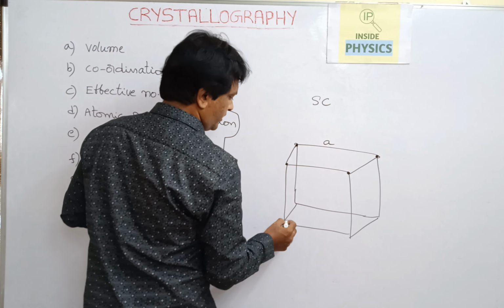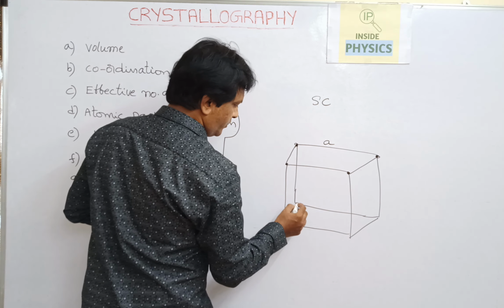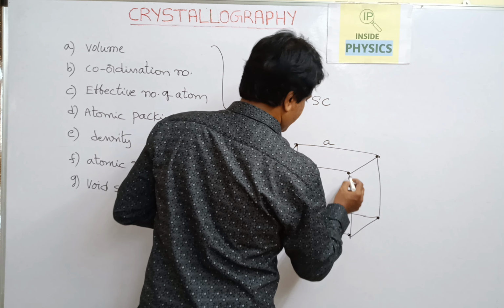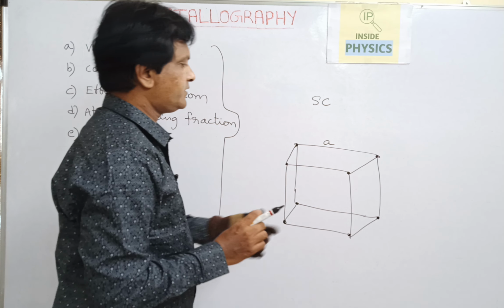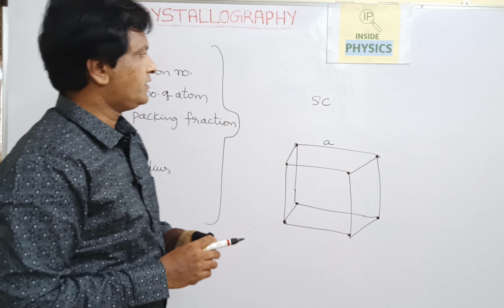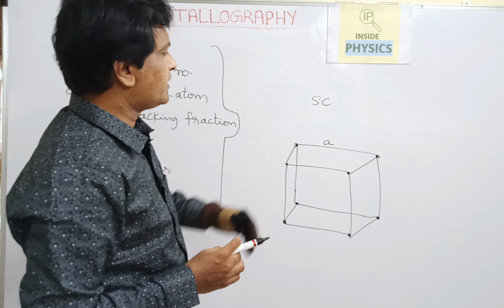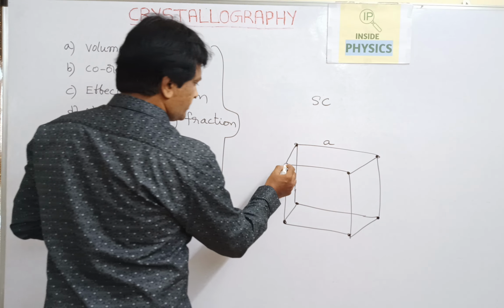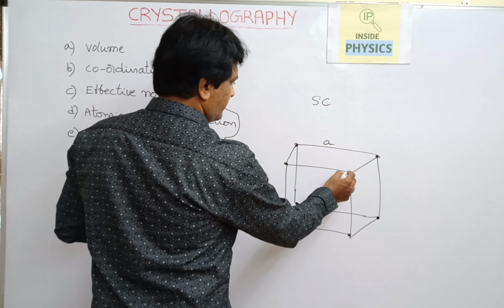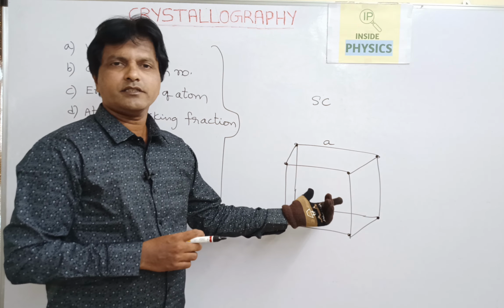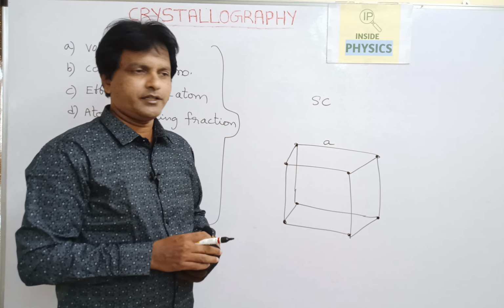That is what we call a simple cubic structure. Lattice points at the corners. How many corners does it have? 8 corners. So in this simple cubic structure, the lattice points are the most probable points where an atom is located. A unit cell is a building block of the crystal, we all know it.